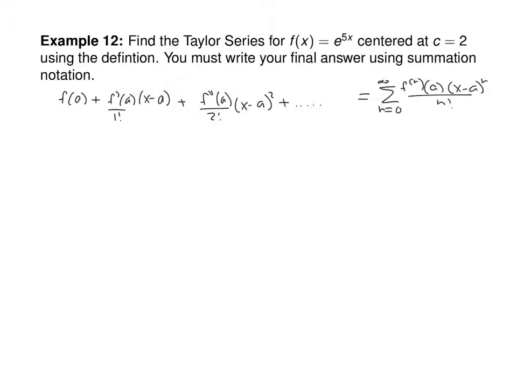I find it easiest to find the first few derivatives, look for a pattern, list it out, and then write it as a sum. So our function f of x is e to the 5x.